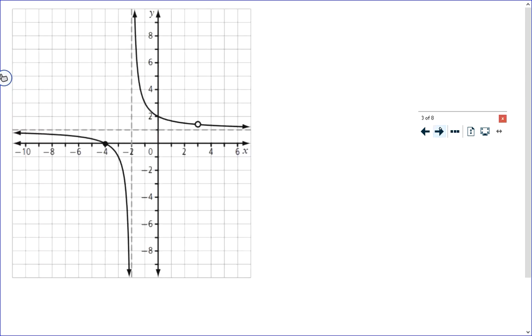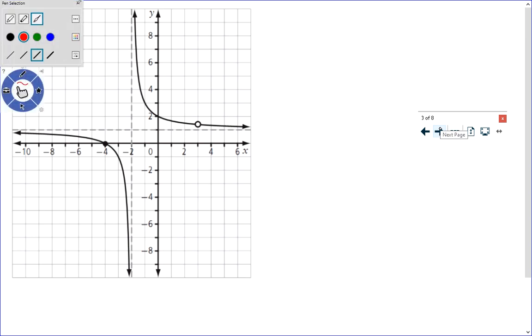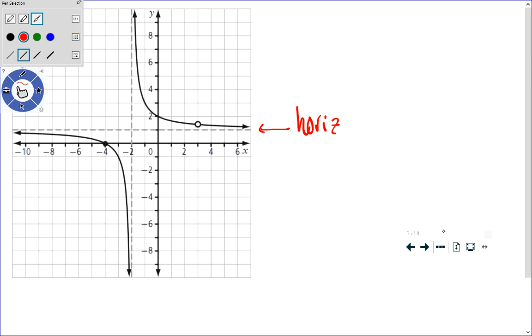This is a picture taken from the previous lesson that we did when we were talking about holes and vertical asymptotes. And you can see here that there is a horizontal asymptote, and the location of the horizontal asymptote, which I'm pointing at right now, is y equals 1.